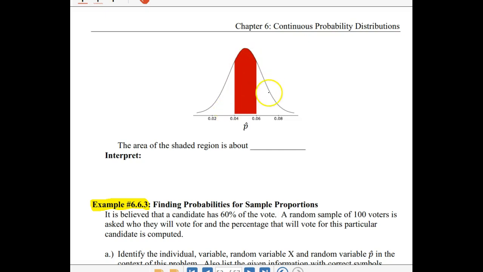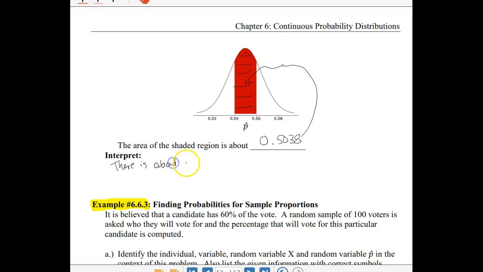So on our distribution curve of p-hats, down here on the horizontal axis, we now have a p-hat axis, and we've shaded between 0.04 and 0.06. That shaded area there is about 0.5038.